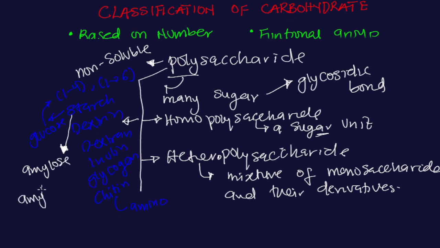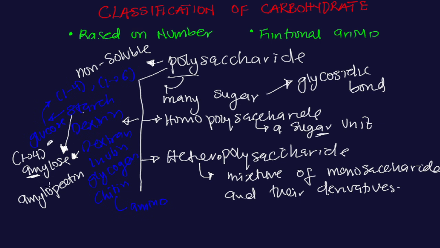Right? So one thing about amylose is that amylose contains single glucose all through, and at the same time it is connected by alpha 1,4 glycosidic bond in a straight form. So amylose is the linear chain of glucose in starch.